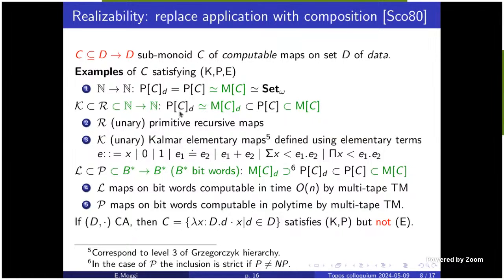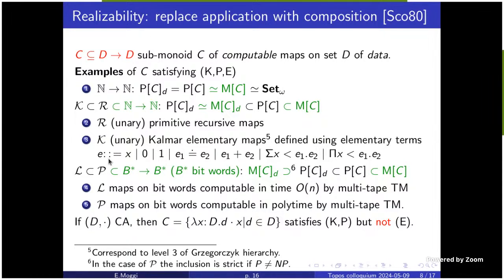In this category of decidable subobjects using primitive recursive maps, I have a natural number object. But now if I take a smaller monoid, in particular a subrecursive monoid, like the one of Kalmar elementary maps, which is strictly contained in primitive recursive maps, then I no longer have a natural number object in this category.